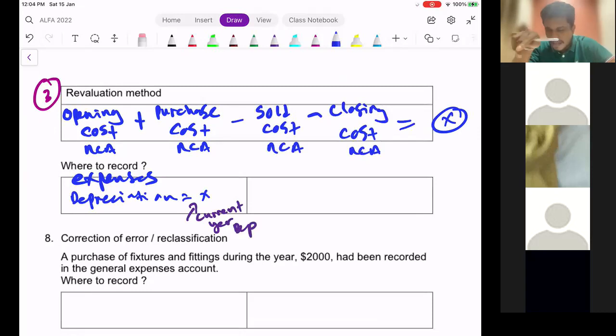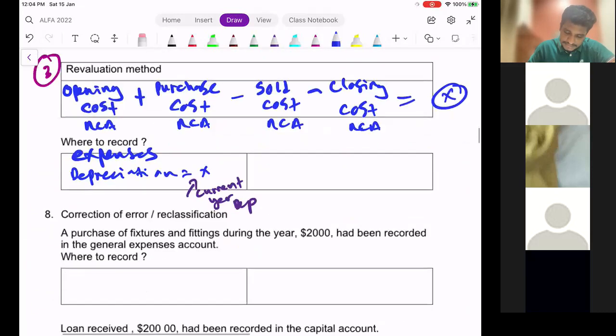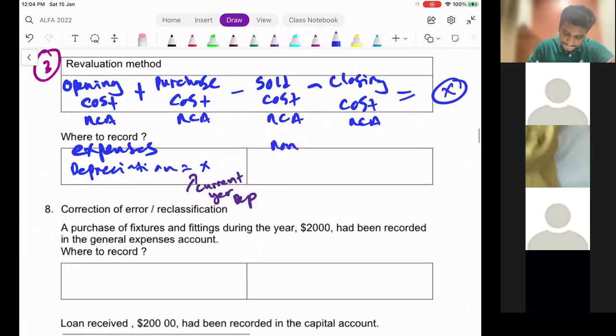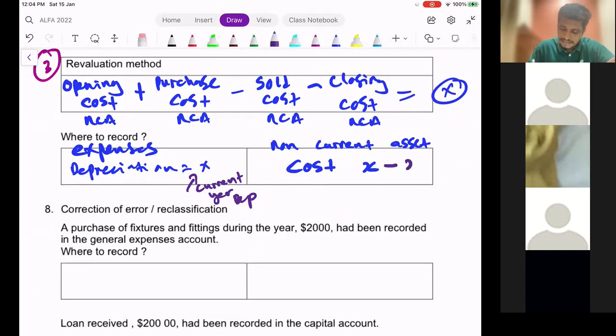Then, listen carefully, this is slightly different from the previous two methods. You go to the non-current asset, find your cost, minus the current year depreciation.